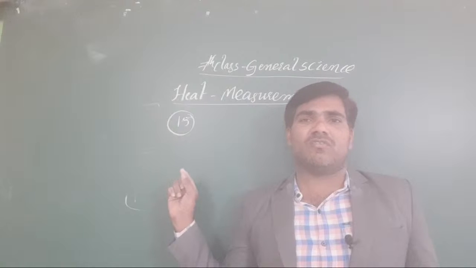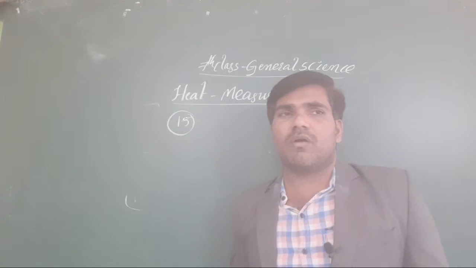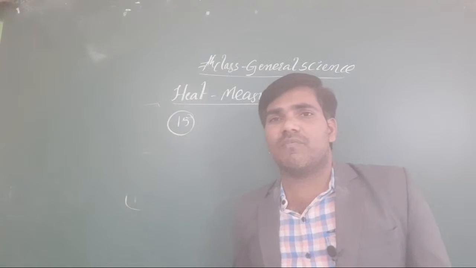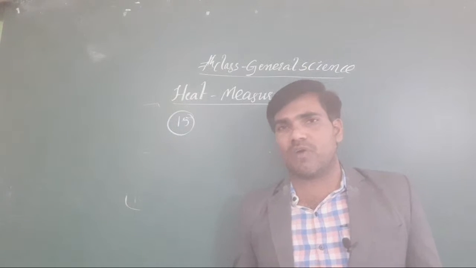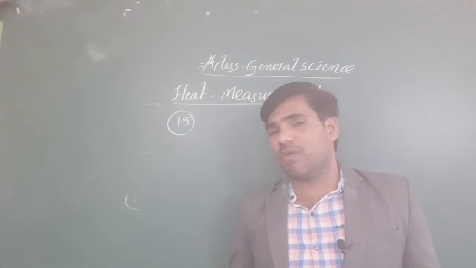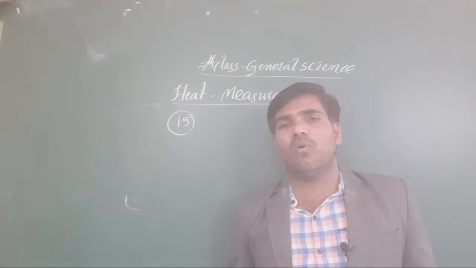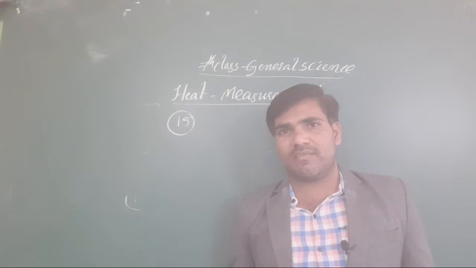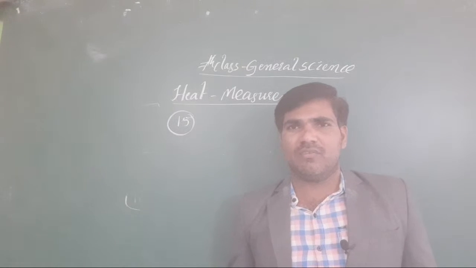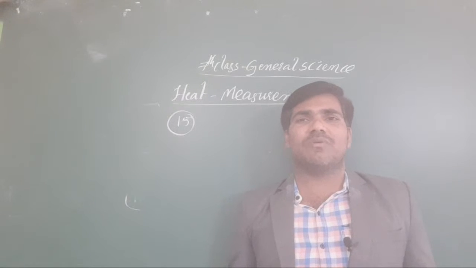Average is equal to the total sum of the values divided by the total number of values. That is like the average of your marks. If there are 6 subjects, the sum of 6 subjects divided by 6 gives the average marks.